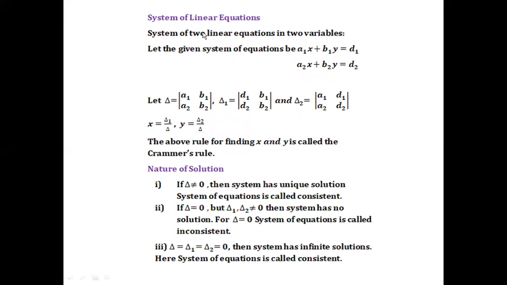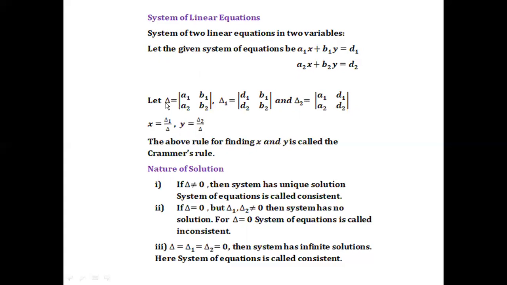Now next, system of linear equations. System of two linear equations in two variables. Let the given system of equations be a1x + b1y = d1, a2x + b2y = d2.